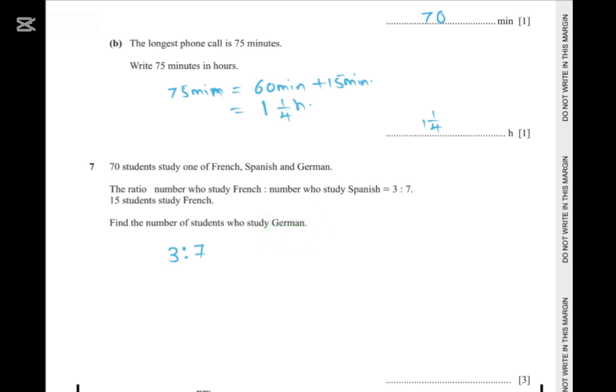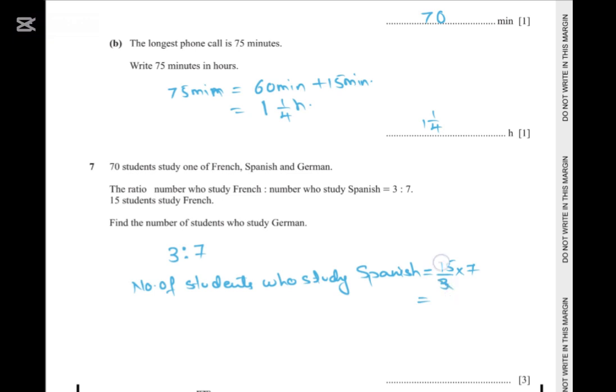The number of students who study Spanish we find by dividing the number of students who study French by 3. You get one part, and multiply that with 7.